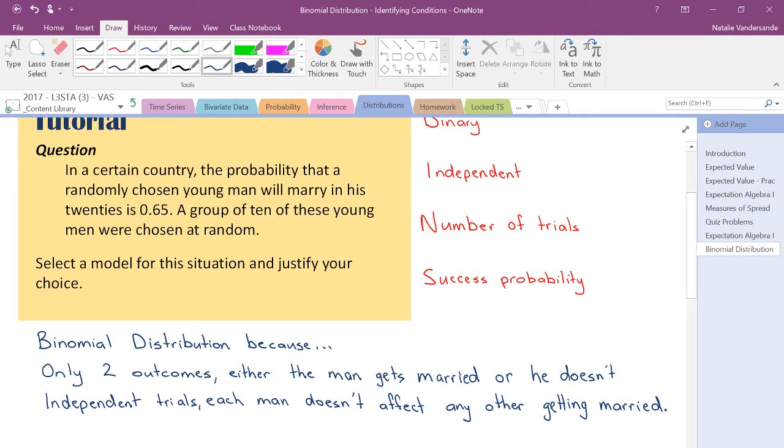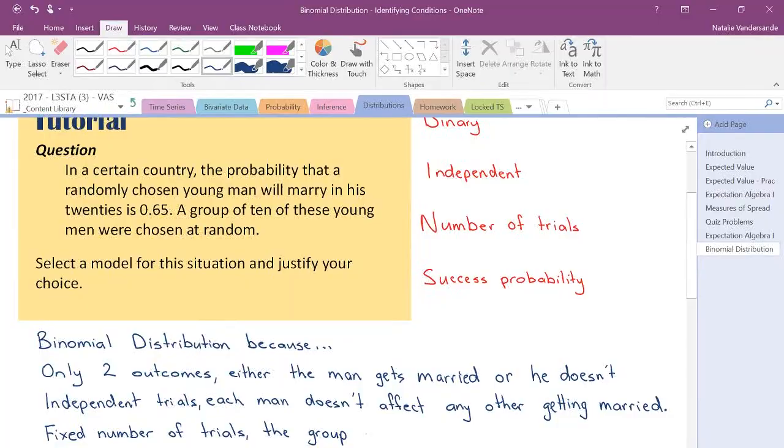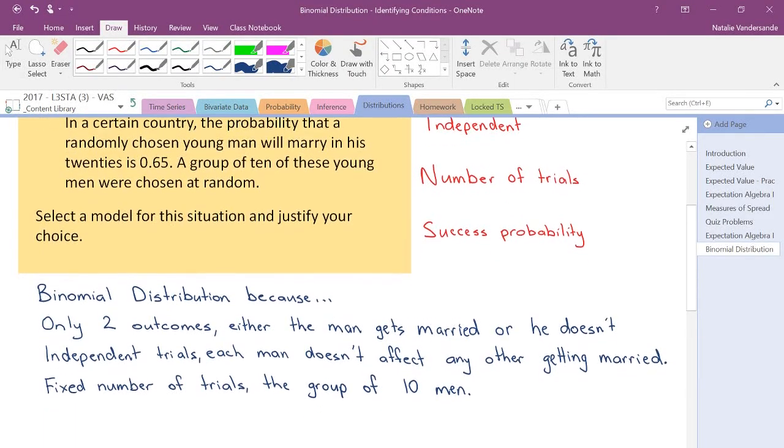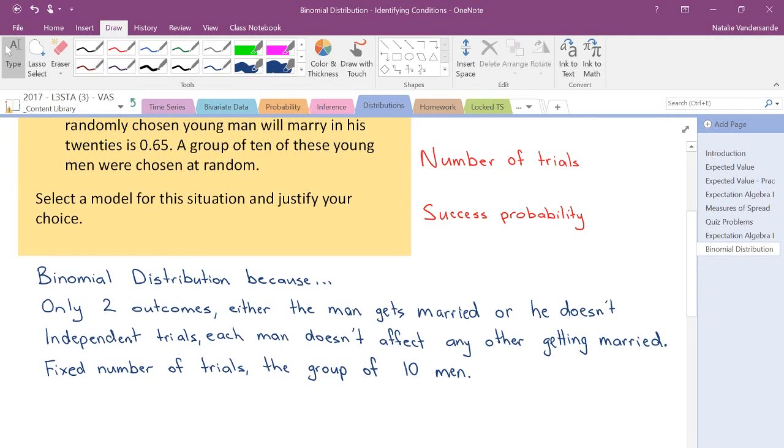A fixed number of trials. The group of 10 men. And a constant probability of success.